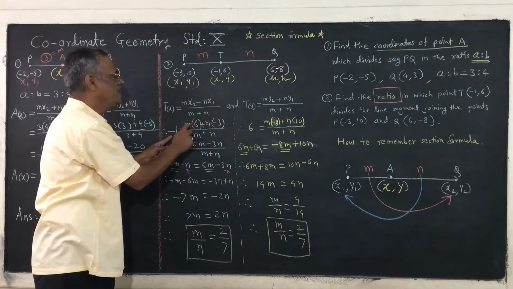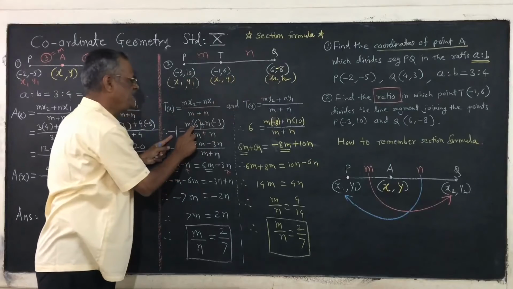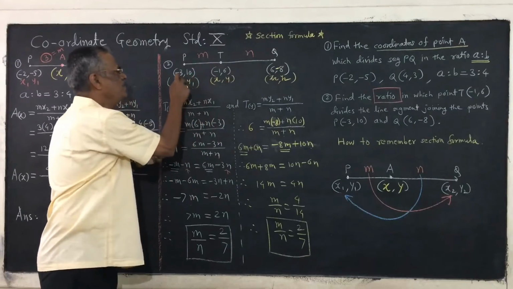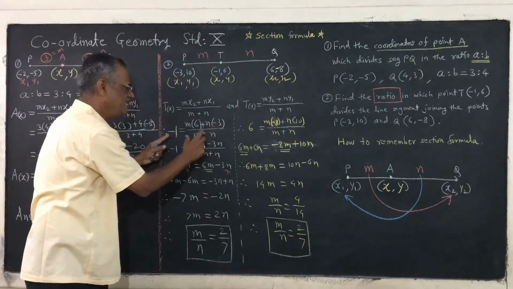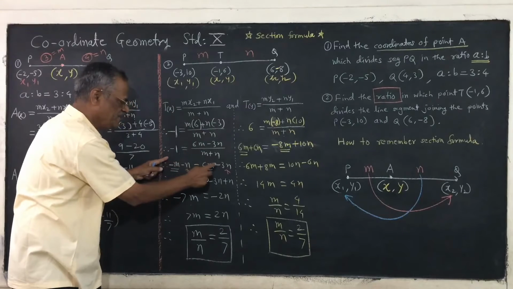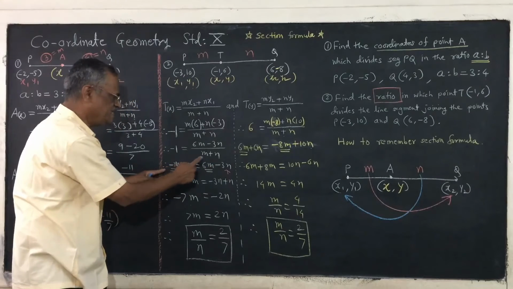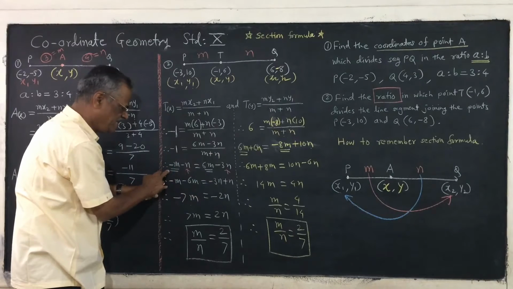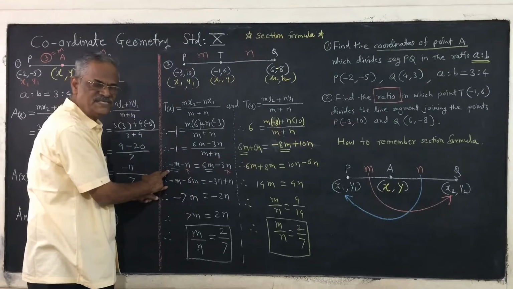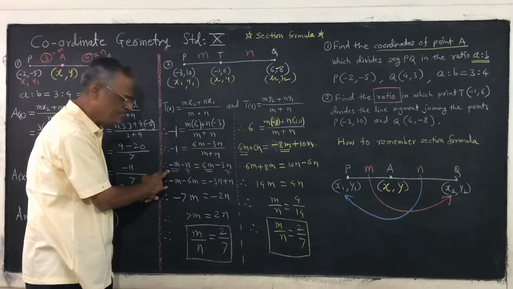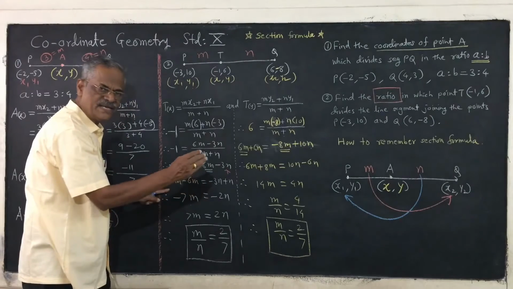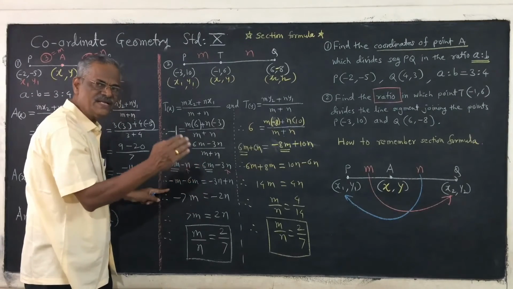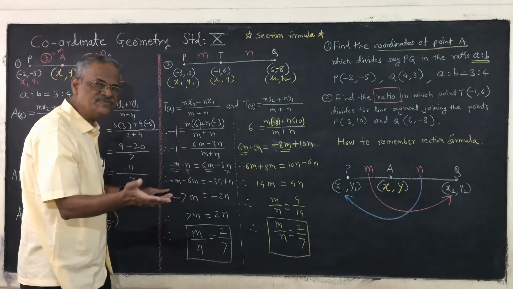Substitute here. m into 6 right here. n into minus 3 we can write here. After that, by solving and taking the cross multiplication properly, you are getting this equation. But this equation is very interesting for you.